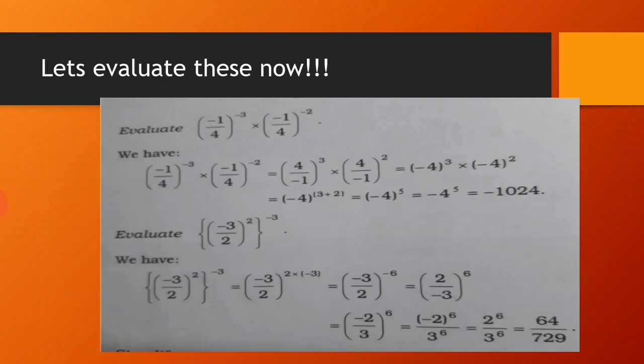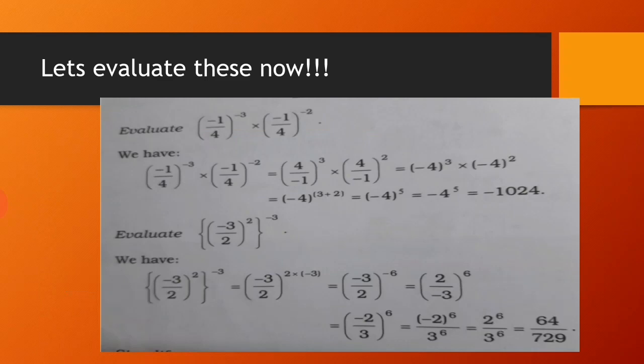So the minus 1 comes up, therefore finally we have (-4) raised to power 3 into (-4) raised to power 2. It is mandatory that we cannot keep the power in minus, unless it has been asked. There are some questions where it is asked to put it in negative exponent, but otherwise the standard form is that you can't do it. So therefore we changed it.